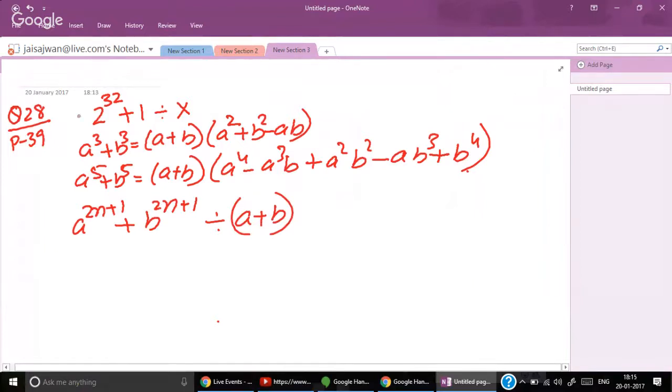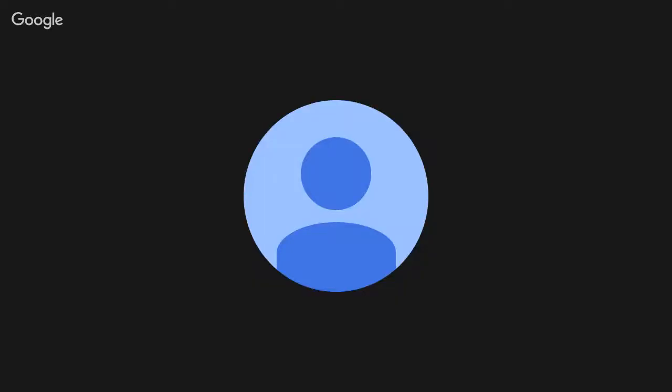So 2 to the power of 32, divisible by x. Can I say it is 2 to the power of 32 to the power of any odd number plus 1 to the same odd number, but 1 to the power of any number is the same, 1. So 2 to the power of 32 plus 1.